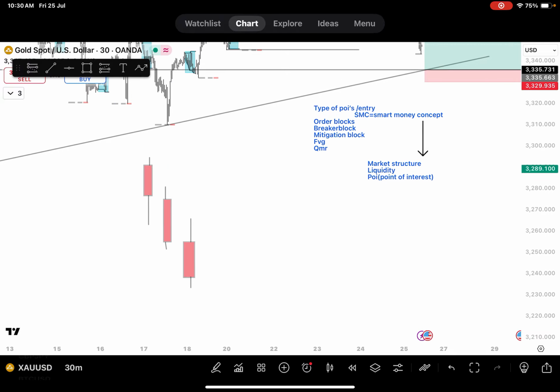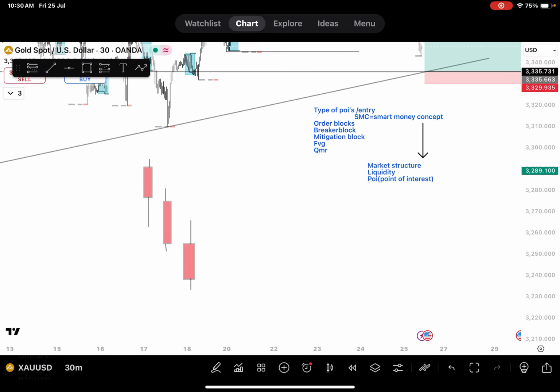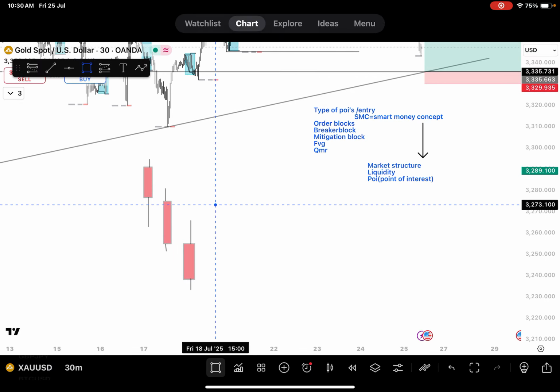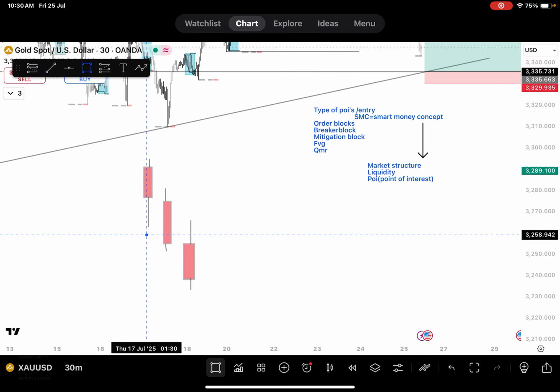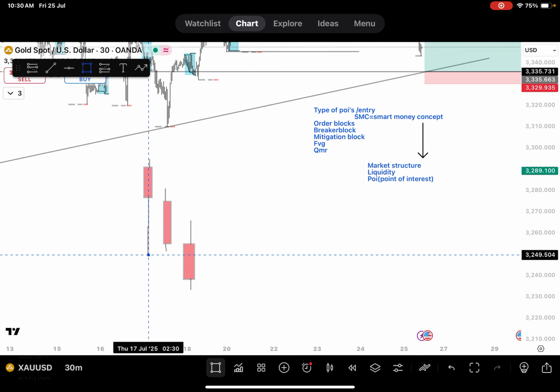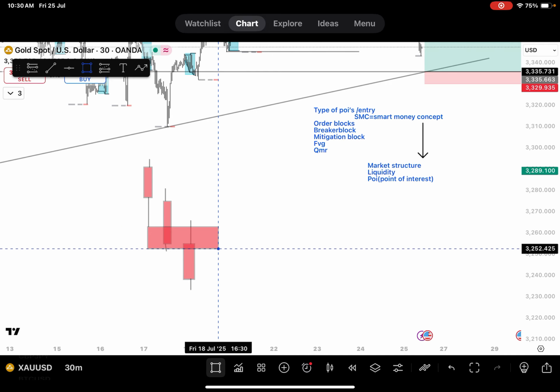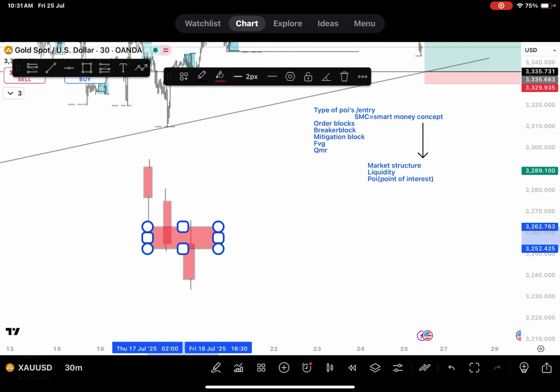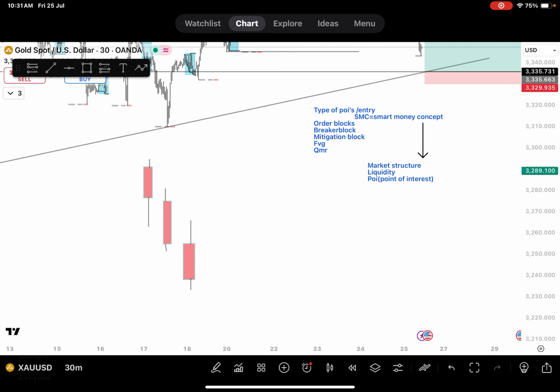Now you can see that there is no space between the both of them. If you draw from here, there is no space between them. Why? Because the wick of this candle has already gone up, and this one too has already come down, so there is no space between the both of them.